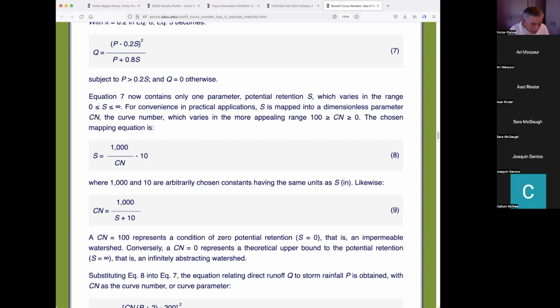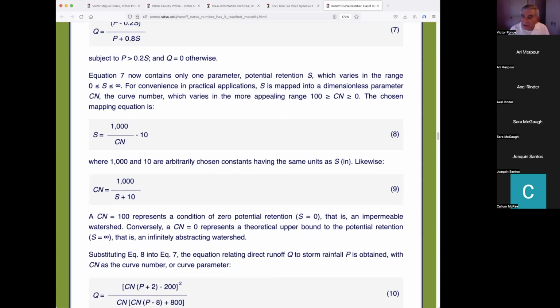Later on, I have gotten smart, and I have realized that this is just what used to be called, what is the name, a change of variable. It doesn't come to my mind. It's a change of variable. You change the S to the CN by using this equation. But where do the 10s and 100 come from? And the answer is, these are Marcus's values.